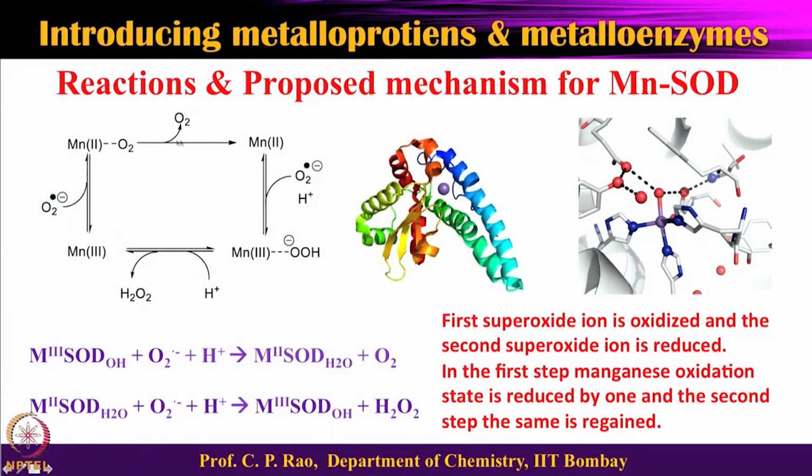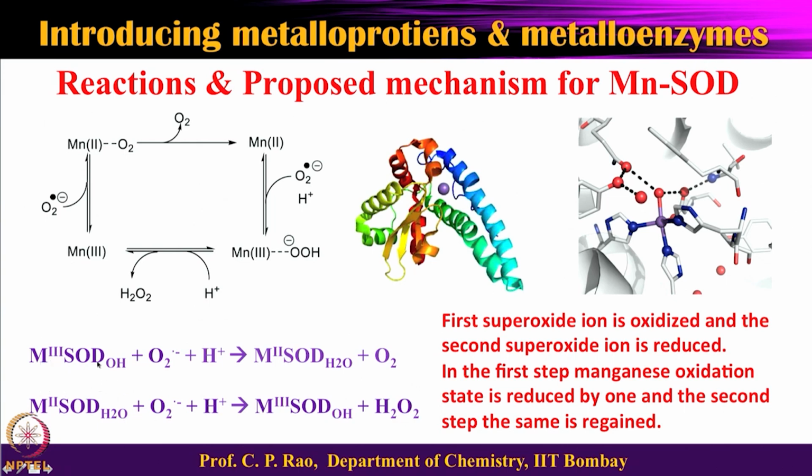So, first mole, the O2 minus dot gets oxidized to O2, manganese 3 gets reduced to manganese 2, and then the second O2 minus is reduced to O2 2 minus, which is a peroxo species, and in the presence of protons it goes as hydrogen peroxide and goes back to manganese 3. The same thing is shown over there, nothing more.